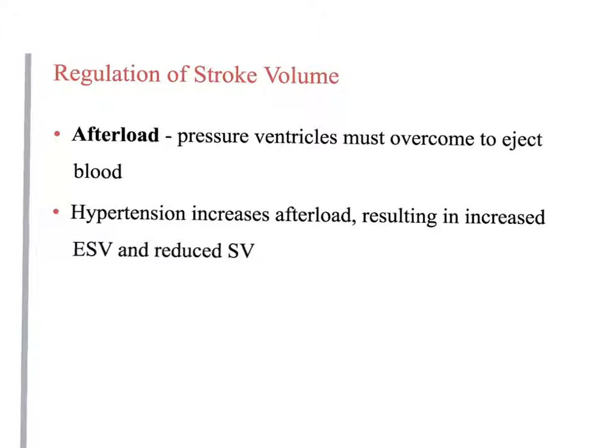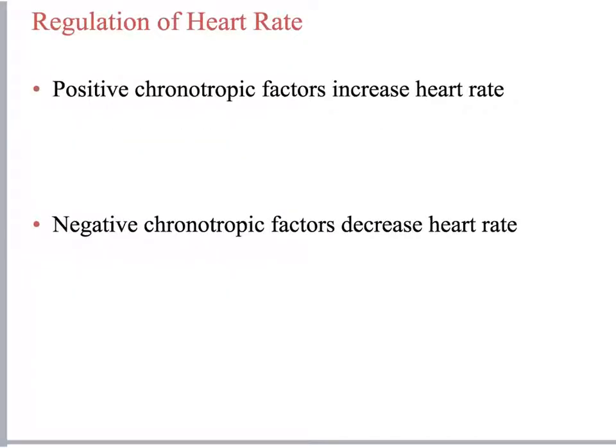I just said hypertension, high blood pressure, increases afterload. It increases the pressure within the aorta and the pulmonary trunk. Now the heart has to work harder. It leads to an increased end systolic volume, a decreased stroke volume, and probably an increased heart rate in order to maintain the right cardiac output.